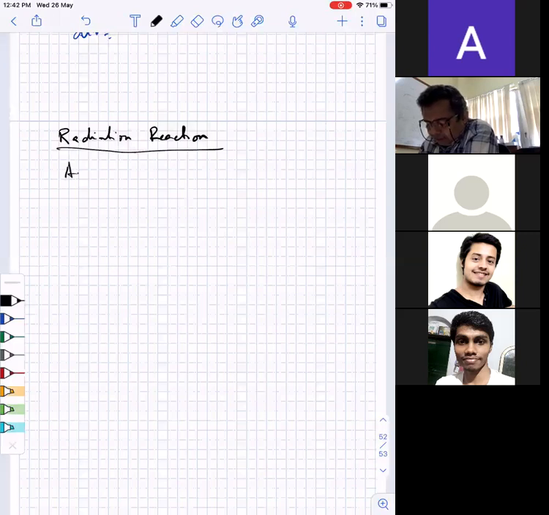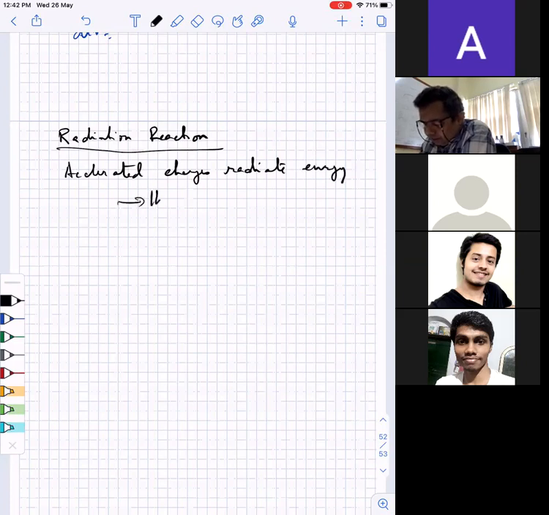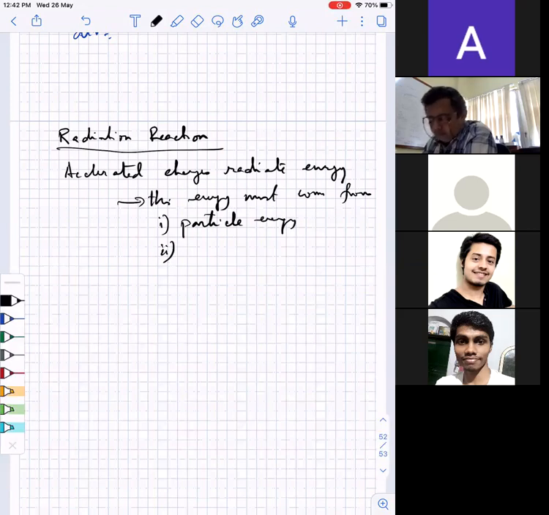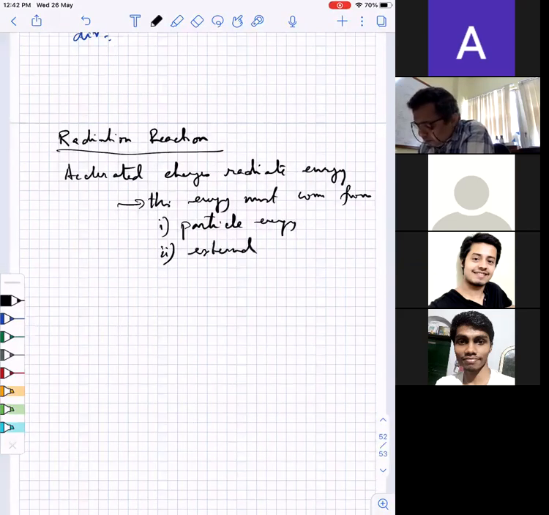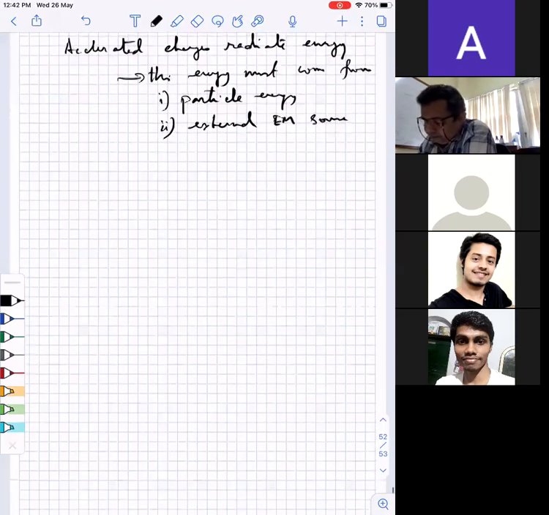So the idea is accelerated charges radiate energy, and this energy must come either from the particle energy or from the external EM source, which is maintaining the energy.